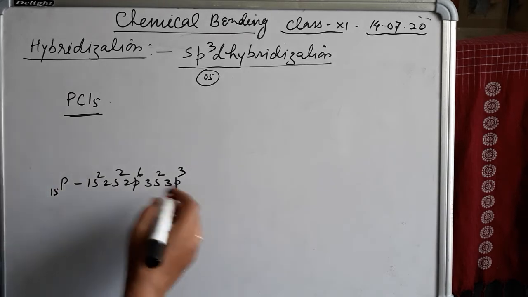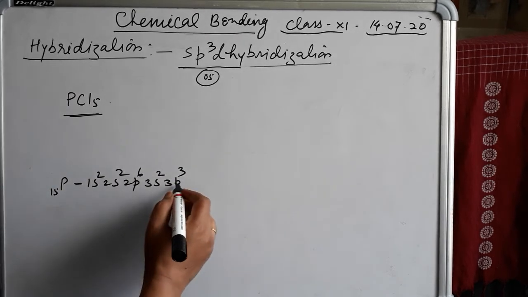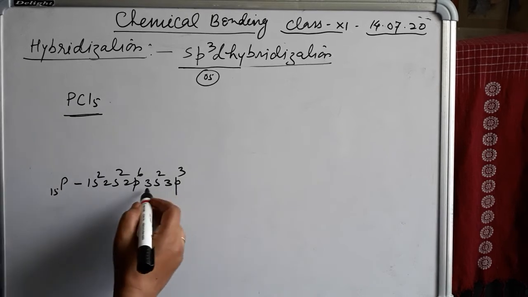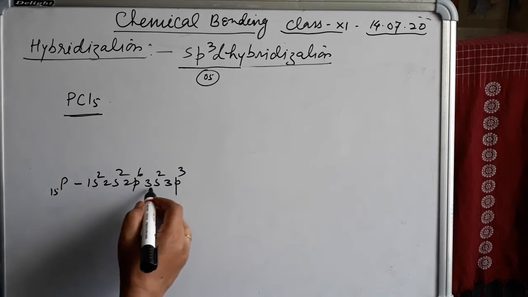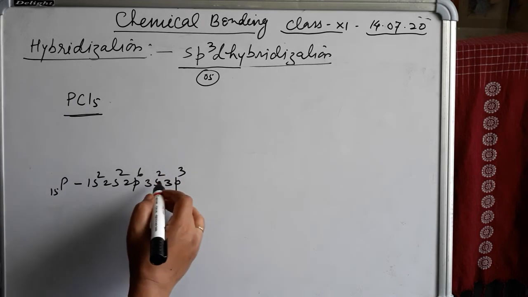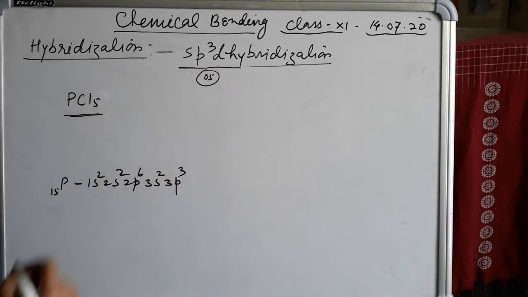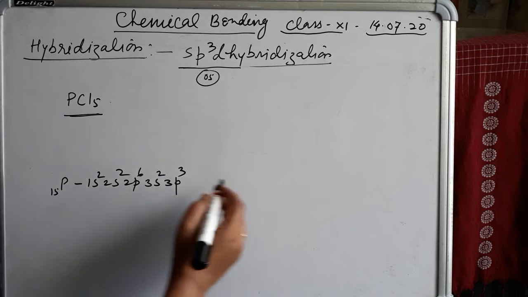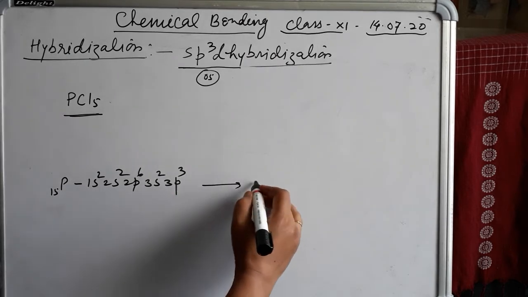So students, see here phosphorus with 3p orbitals, and whenever electron promotion takes place, the electron goes to the d orbital also.